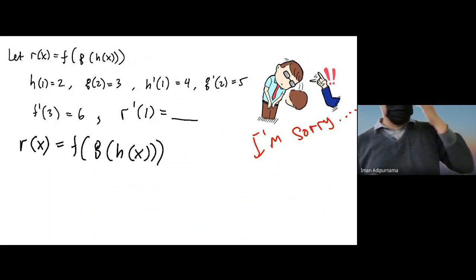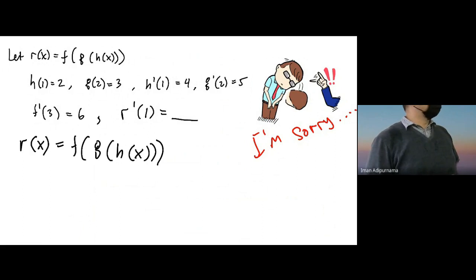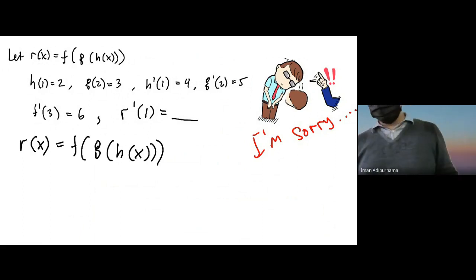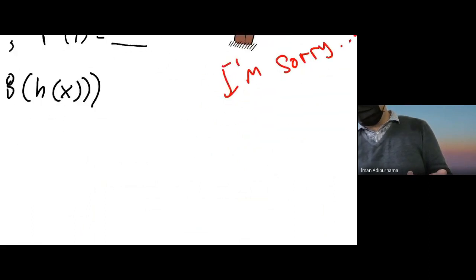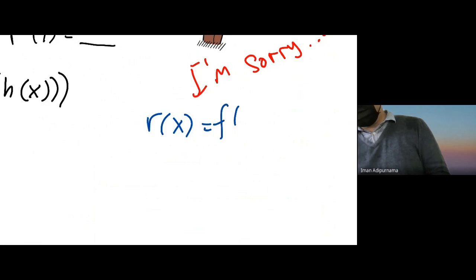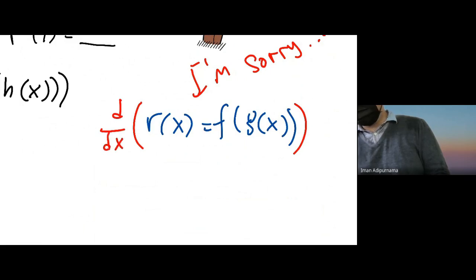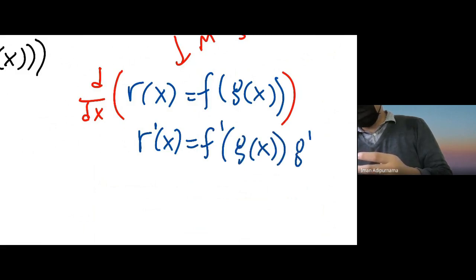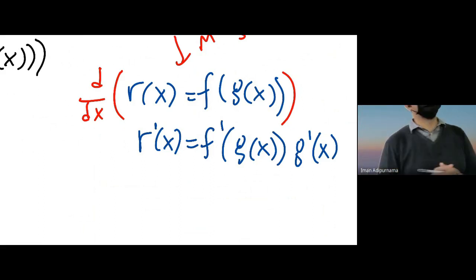If the composite only has f and g, that's pretty easy. If r(x) is just f and then g, and we want to take this derivative, we can do the usual chain rule. So this is our solution, right?